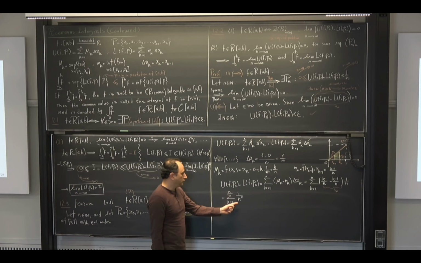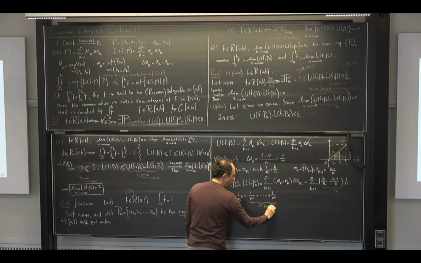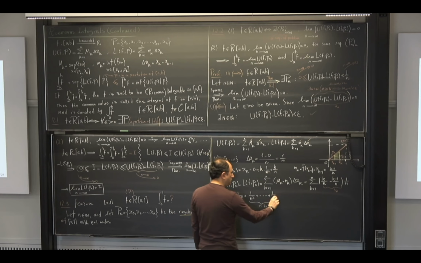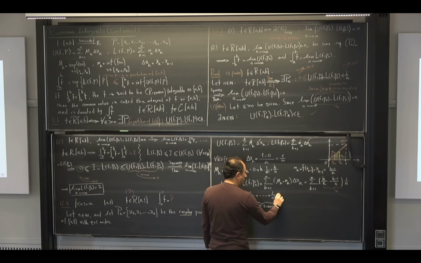Sigma of 1 over n squared, but the counter is k and you don't see k there. So what is the sigma then? This means 1 over n squared plus up to 1 over n squared, the constant term, n times. So this becomes simply n over n squared, which is 1 over n.